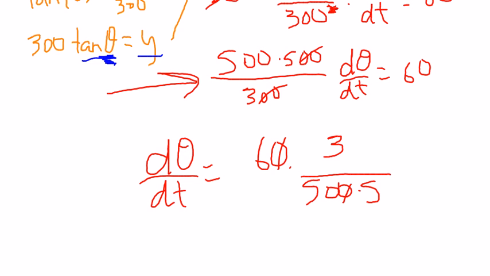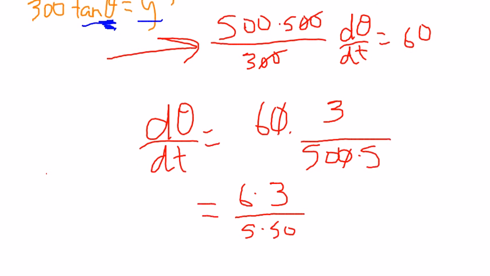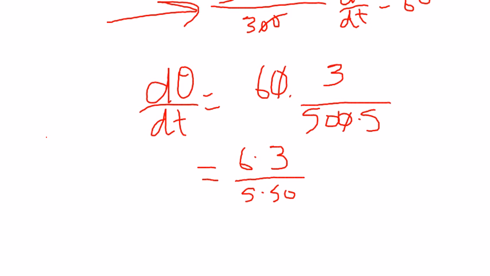Well, I can write it out. I get 6 times 3 over 5 times 50. The 6 is divisible by 2, as is the 50. So I'm going to cancel that out and make it a 2. Cancel this out and make it a 25. Now everything is as simplified as possible. Sorry, I don't cancel it. This gives me a 3, not a 2. So from here, I get 3 times 3, which is 9, over 5 times 25, which is 125.